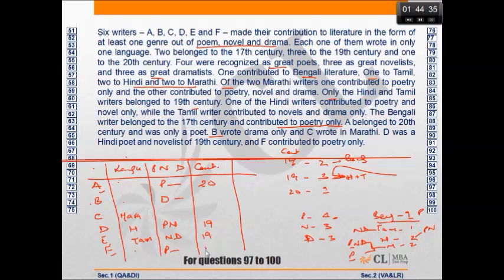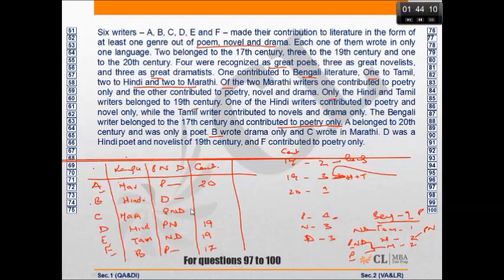So this has to be 17th century and this has to be Bengali. Out of the Marathi, one Marathi has to be here because he's poem only. So two Marathi done, that means he has to be Hindi. One Marathi is poem only, so the other has to be poem, novel and drama.